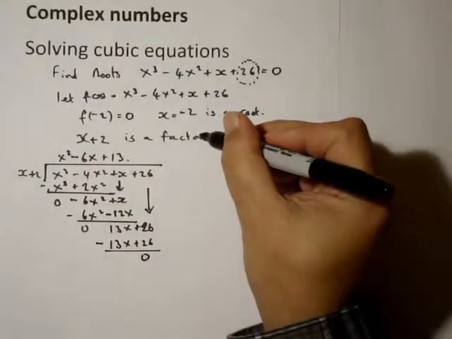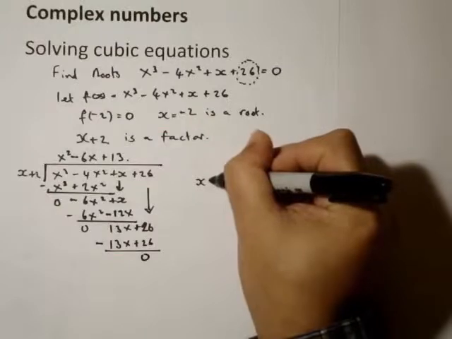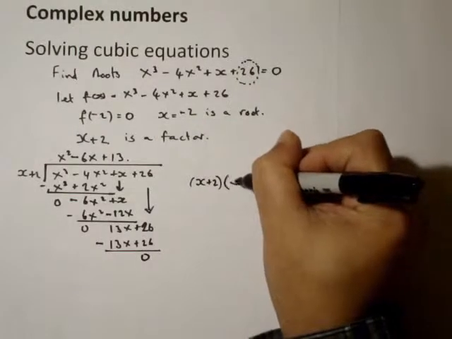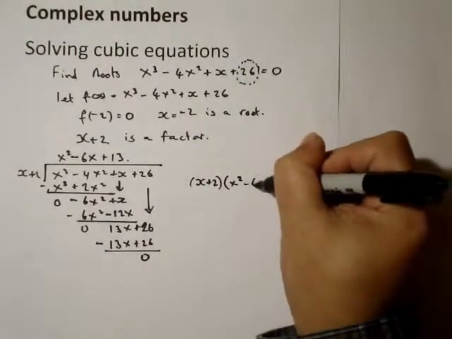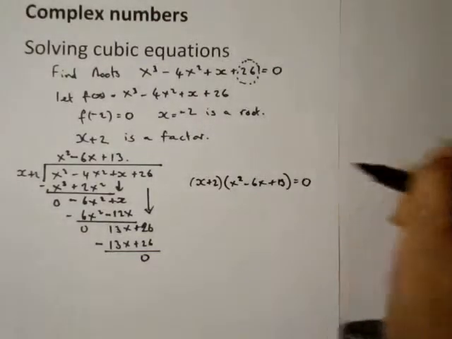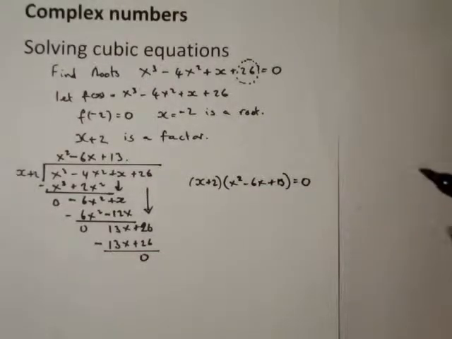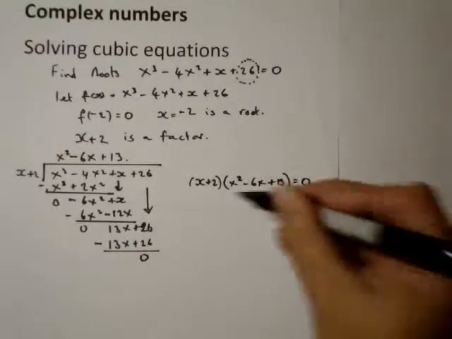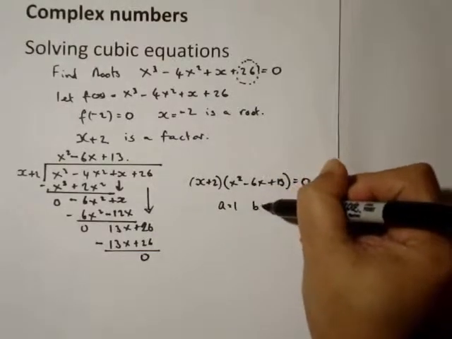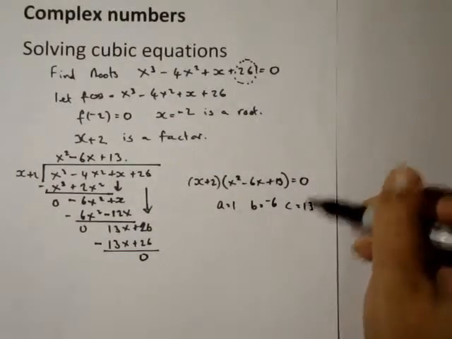So this cubic can be factored as x plus 2 and the quadratic x squared minus 6x plus 13 equals 0. Now we can't factorize this easily, so we have to use the quadratic formula, where a equals 1, b equals minus 6, and c equals 13.